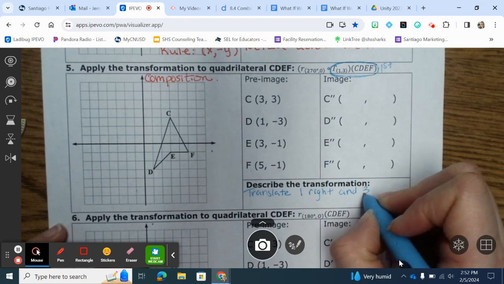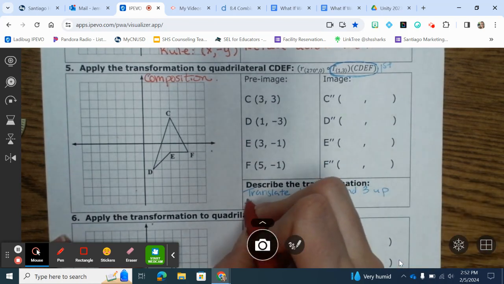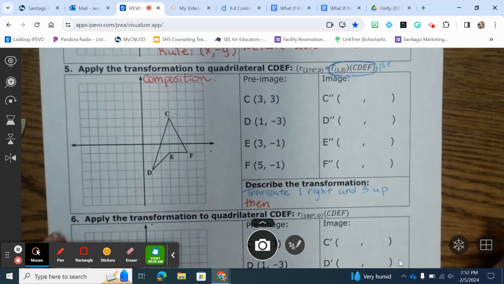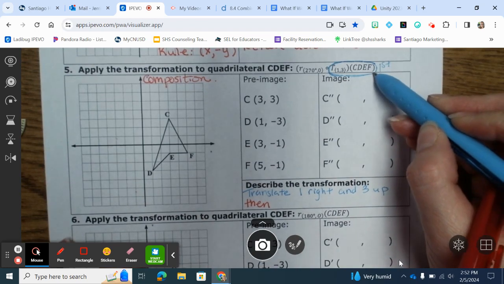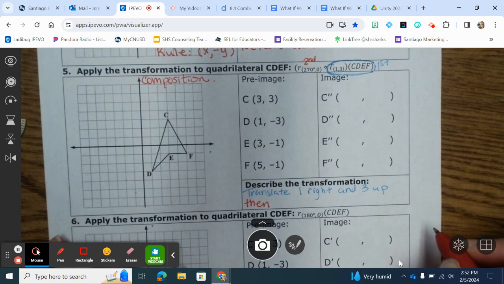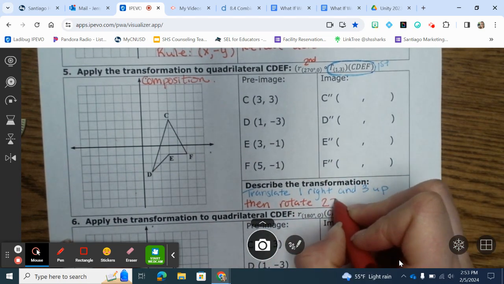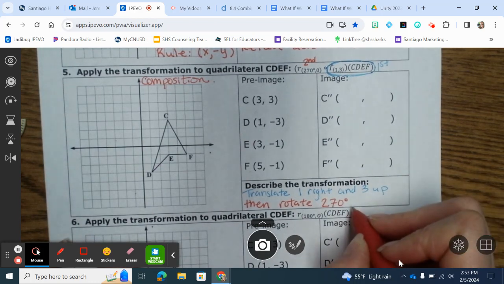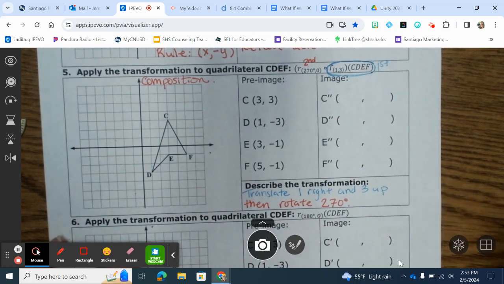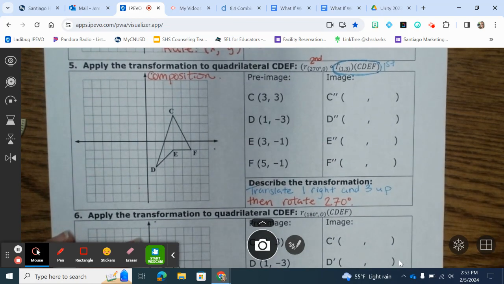And the 3 is positive, so that's going to be up. I'm going to do that part in blue, and then I'm going to rotate 270 degrees. So here, order matters. I'm going to translate and then rotate.